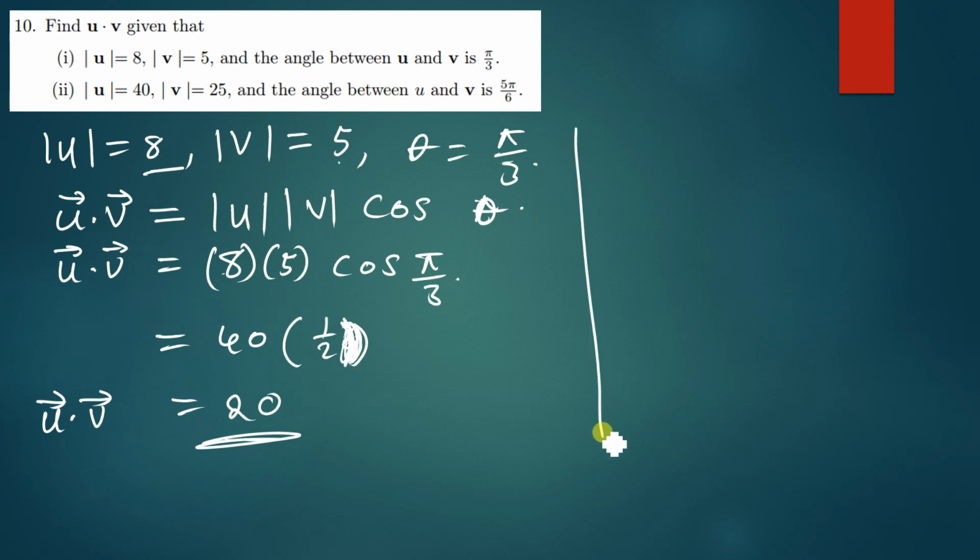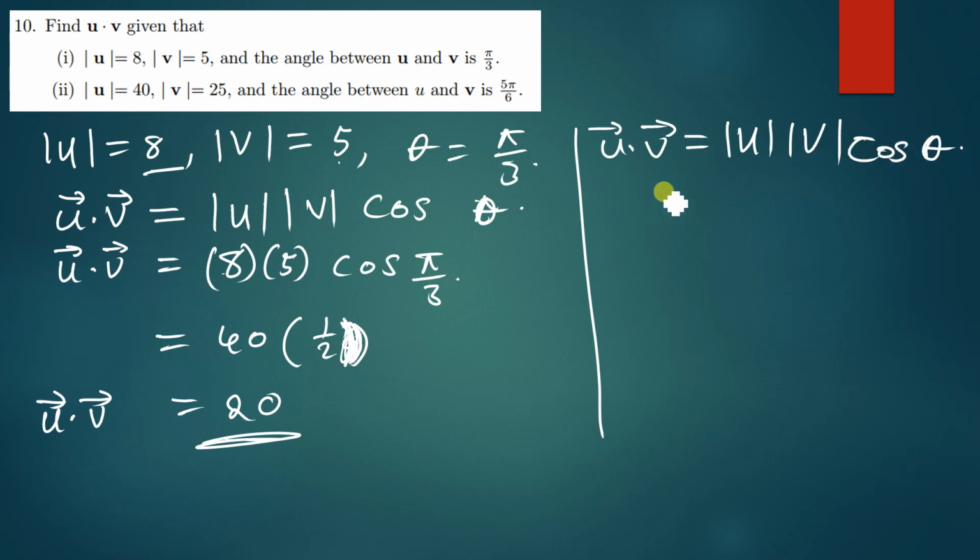Okay, so let's also do the second part. The magnitude of u has been given as 40, the magnitude of v as 25, and the angle between is 5 pi over 6. So this one is simple as well. We know the formula is u dot v is equal to the magnitude of u times the magnitude of v times cos theta.